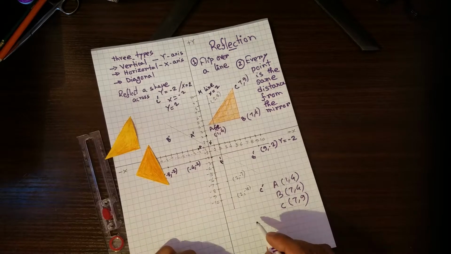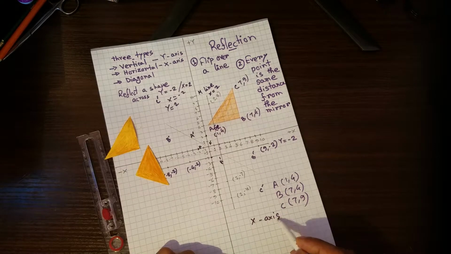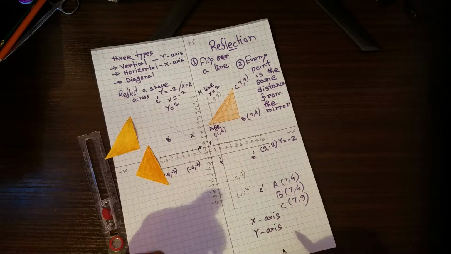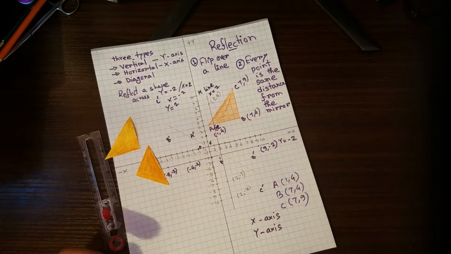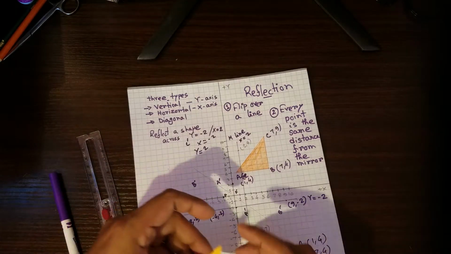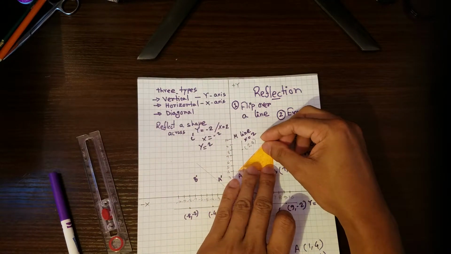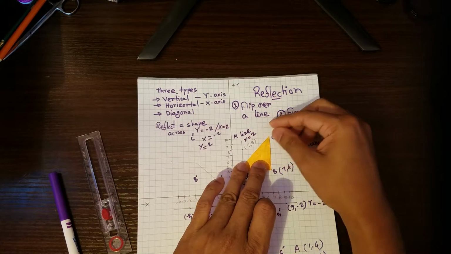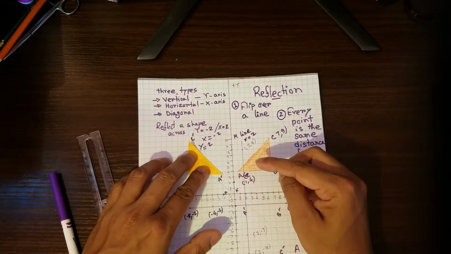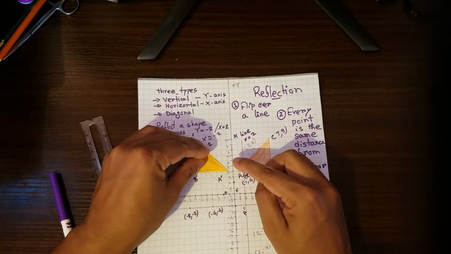Now the question will be said, okay, reflect it over x axis or y axis and find the coordinates. Now one thing, when we do the reflection, so this is my y axis, right? When you do the reflection, let me go and show you. So it's a flip over, and you see the distance must be 1 unit away from the mirror, so we must be here.